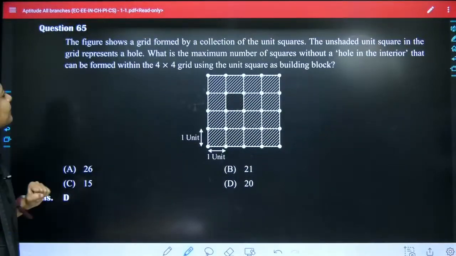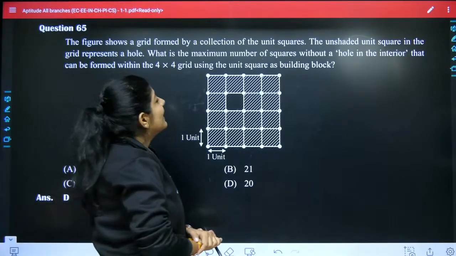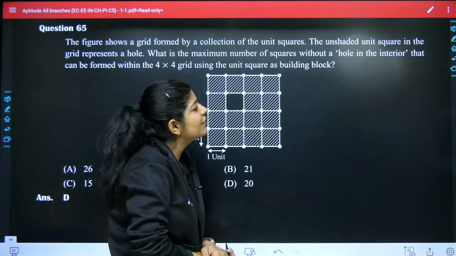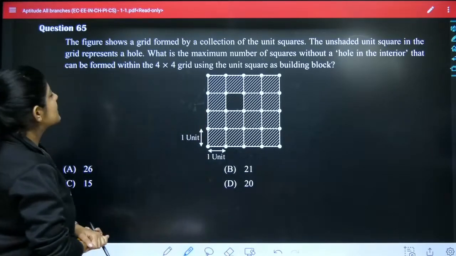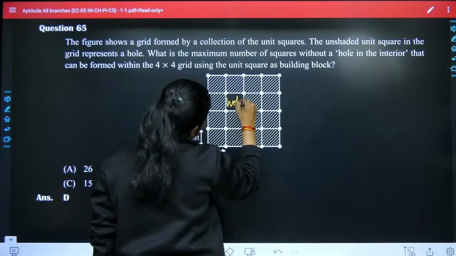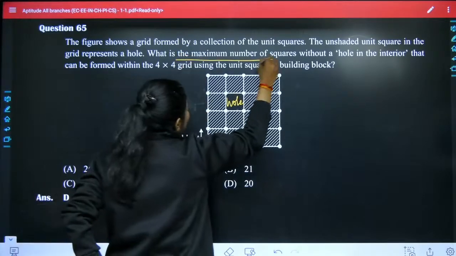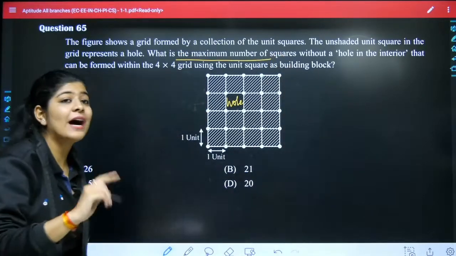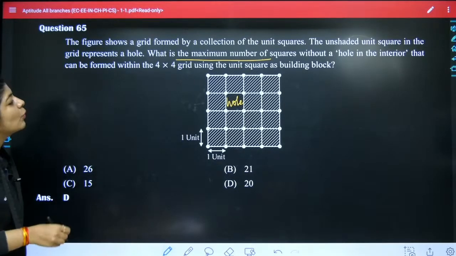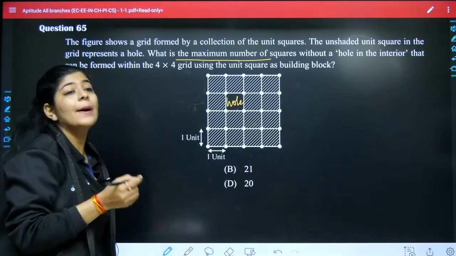The figure shows a grid formed by a collection of unit squares. The unshaded unit square in the grid represents a hole. This is the hole, right? What is the maximum number of squares without a hole in the interior that can be formed within 4 cross 4 using the unit square as a building block?